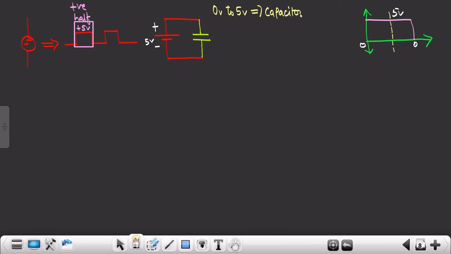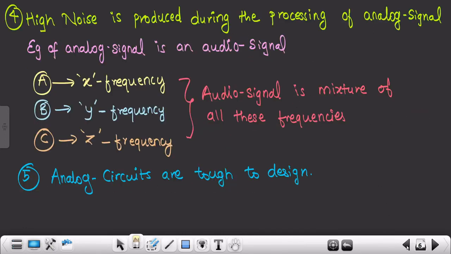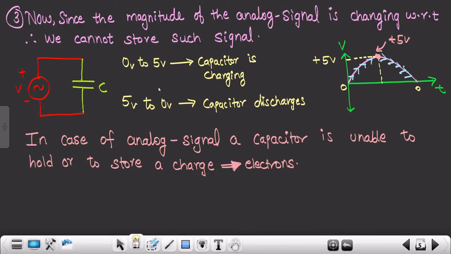Over here the same thing was happening, but what was happening is that the capacitor is charging, it has not charged. Why? Because at time t equals 0 second, obviously the charge on the capacitor would be 0.